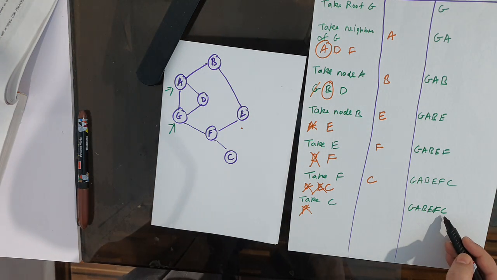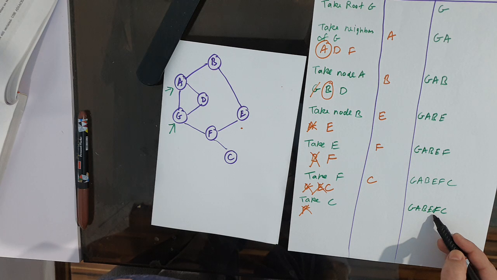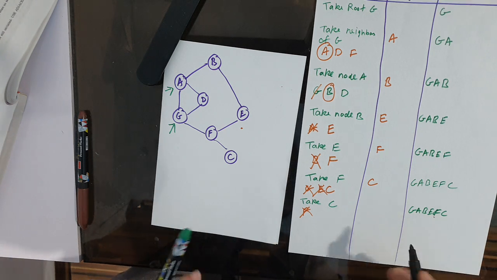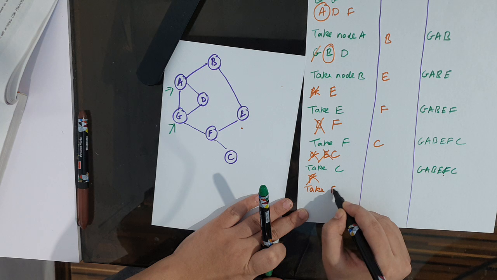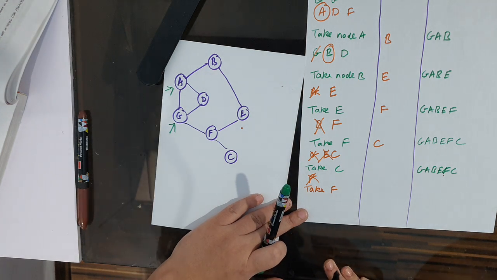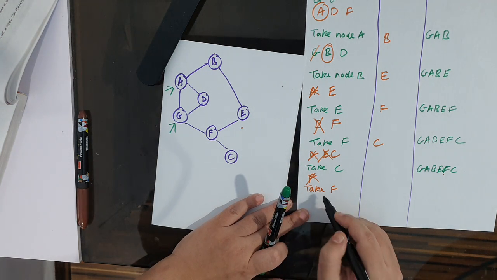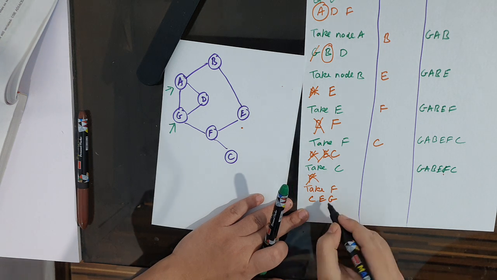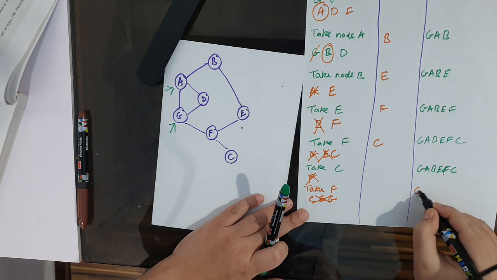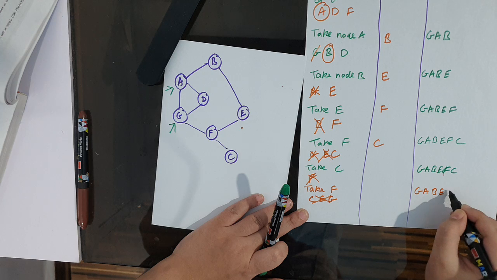Backtracking from C means coming back to F. So let's get back to F again. Take F. What are the neighbors of F? Neighbors of F are C, E and G. All are explored, so the list will remain as it is.